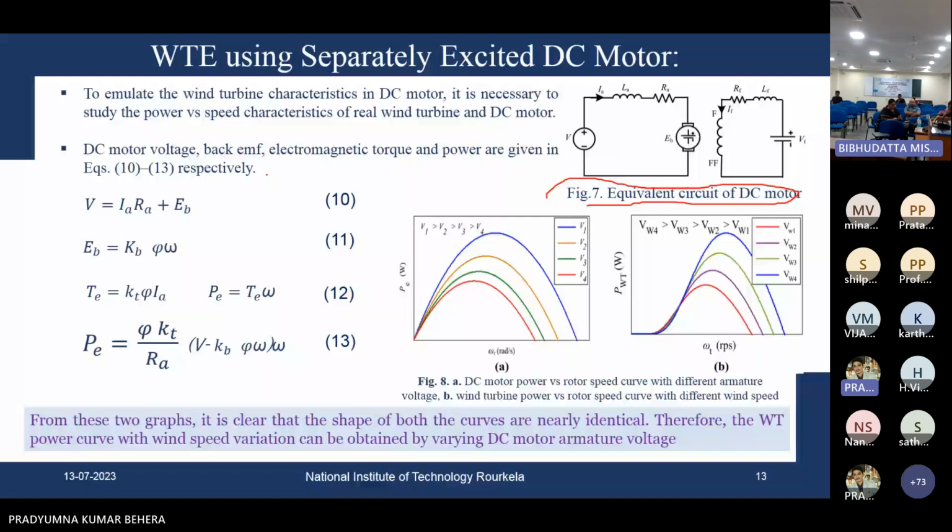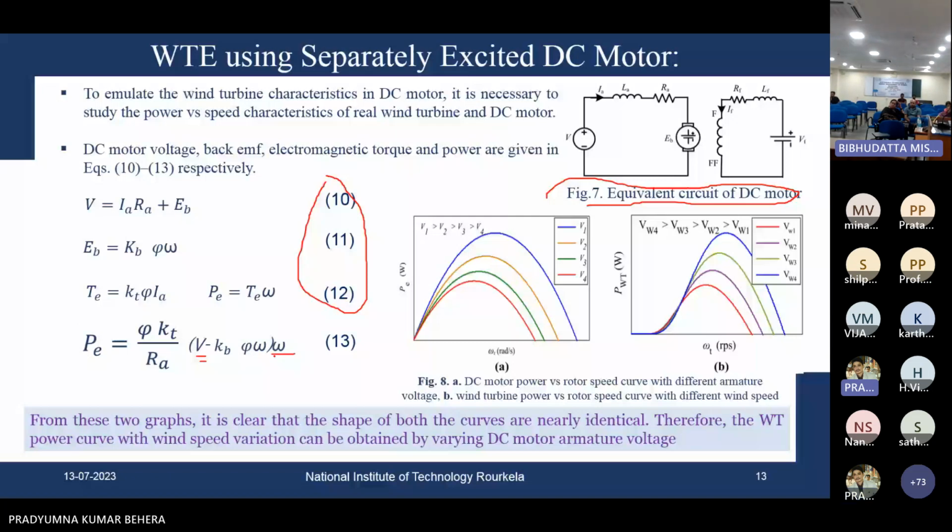So if we are neglecting the losses, the power output of the DC motor is equal to torque times the angular speed of the motor shaft. So here, putting all these equations together, we can calculate the electrical power output of the motor, which is basically dependent upon the terminal voltage and the angular speed of the rotor.